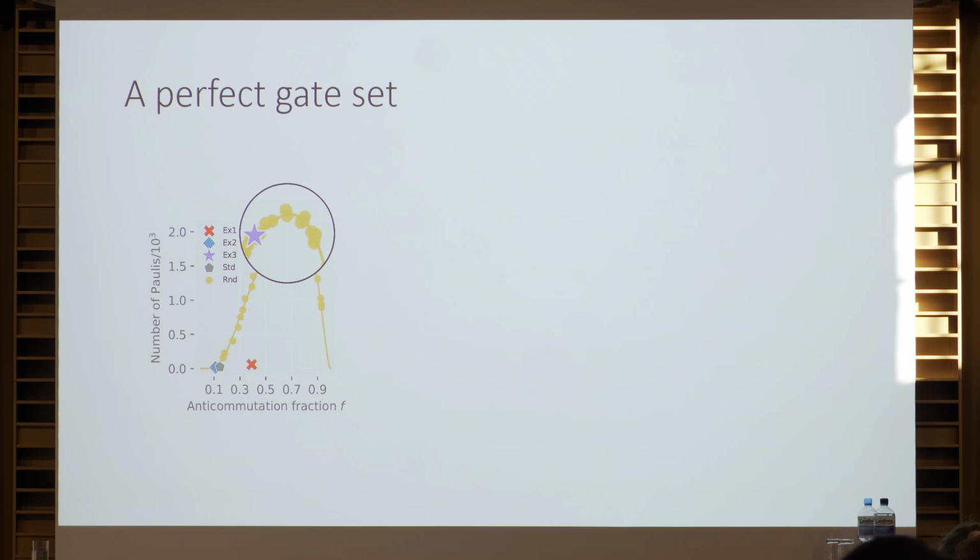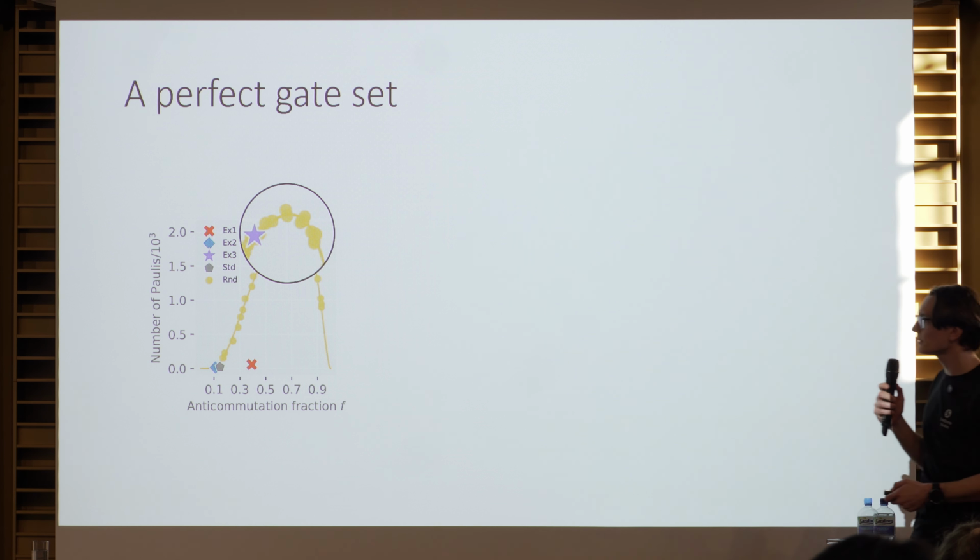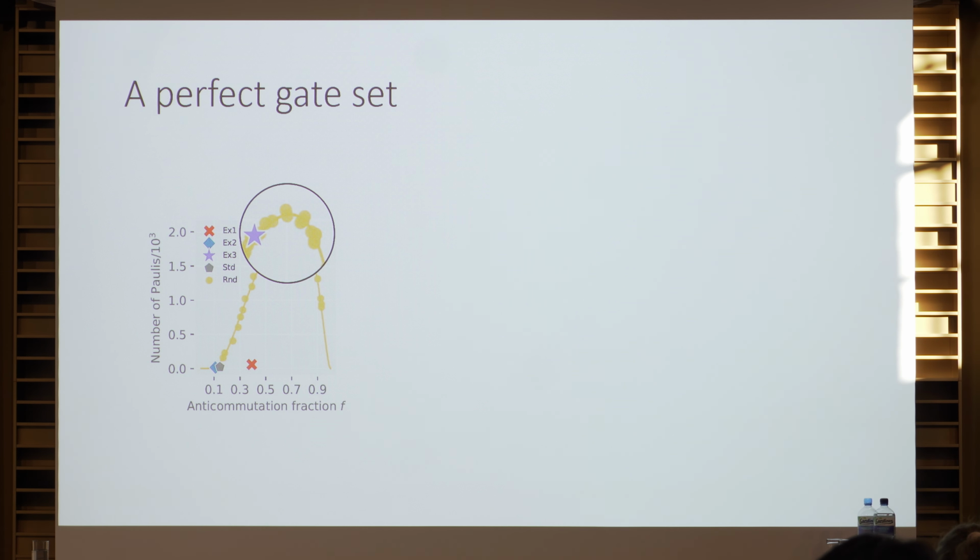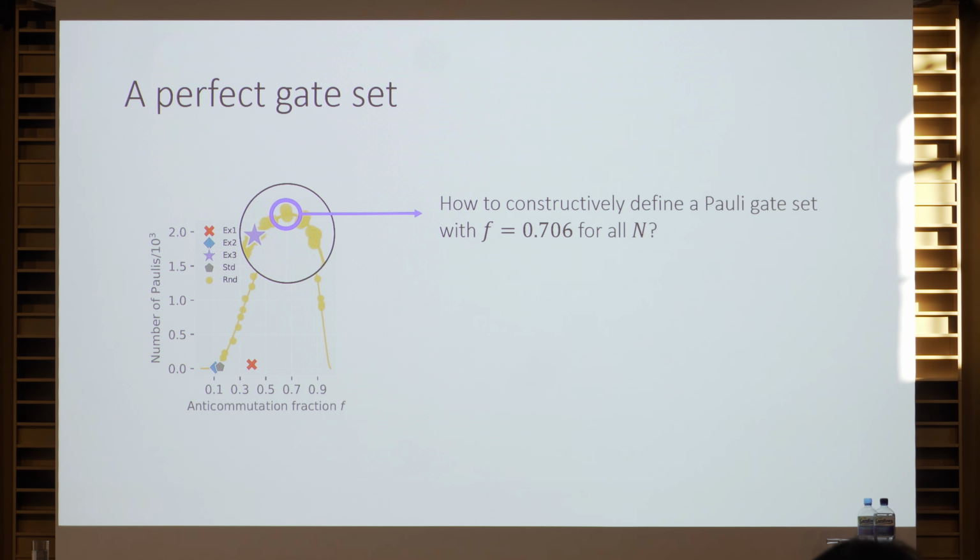Okay, and then, this is the last thing, the perfect gate set. There's this regime, we've seen it. We come close with this construction by David, which has about, I think, a half, if I remember correctly. Yeah, it's around a half. But what is the perfect gate set?